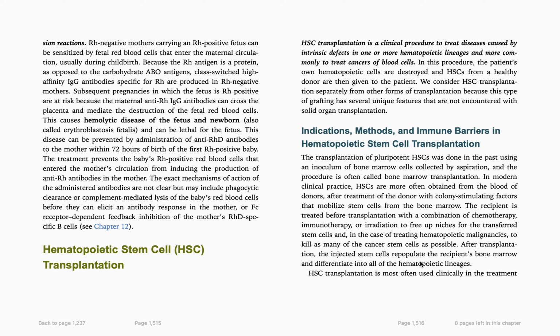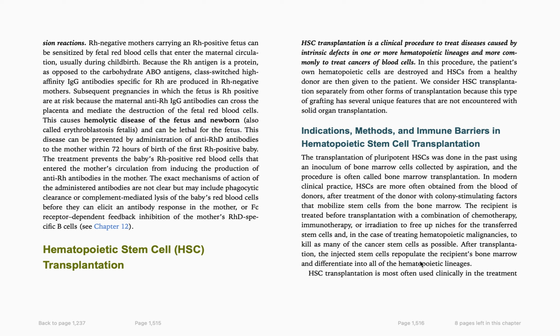An Rh negative mother carrying an Rh positive fetus can be sensitized by fetal red blood cells that enter the maternal circulation, usually during childbirth. Because the Rh antigen is a protein, as opposed to the carbohydrate ABO antigens, class-switched high-affinity IgG antibodies specific for Rh are produced in the Rh negative mother.